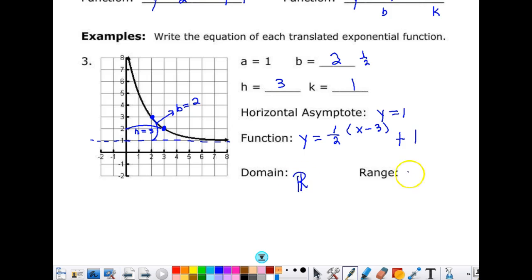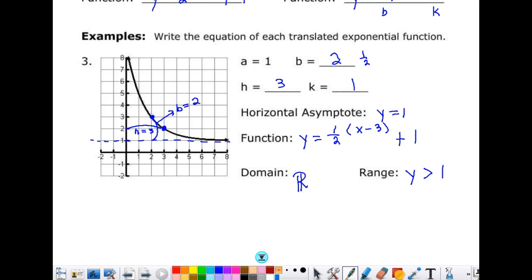Okay, what's our range? Y is still greater than 1. Here is this asymptote here. My graph is never, ever, ever going to be below this asymptote. It's not going to cross it and go over it. So my graph is always bigger than 1 on this particular graph. So look, your horizontal asymptote, your K, and your range.